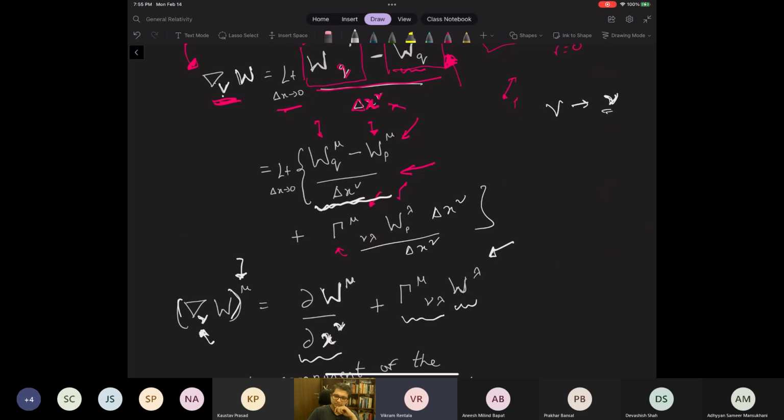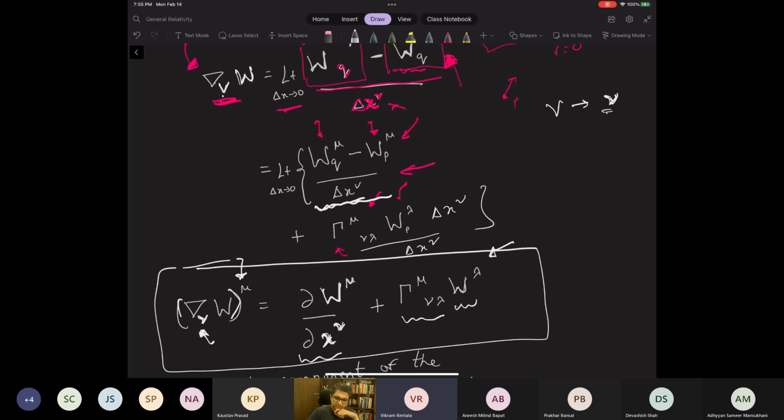The muth component of that derivative is just partial W mu, partial x nu, plus the connection coefficient times W lambda, and there's a summation over lambda over here.